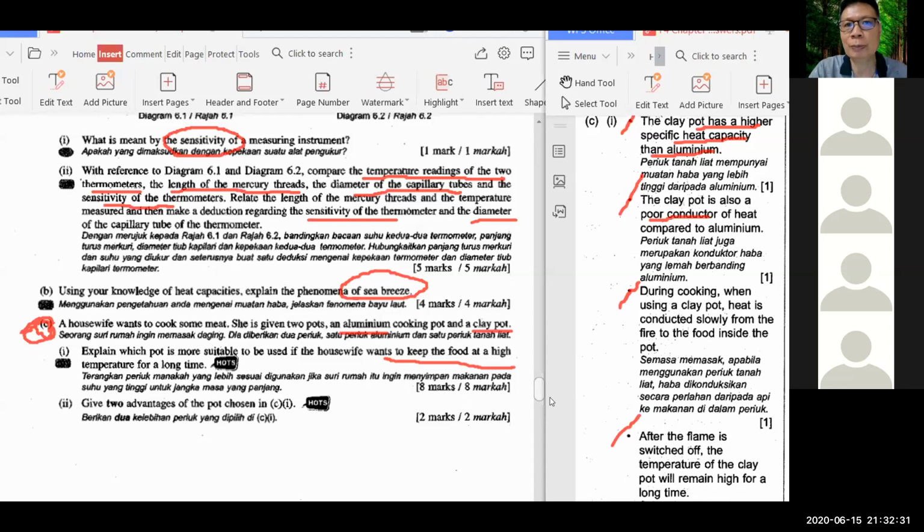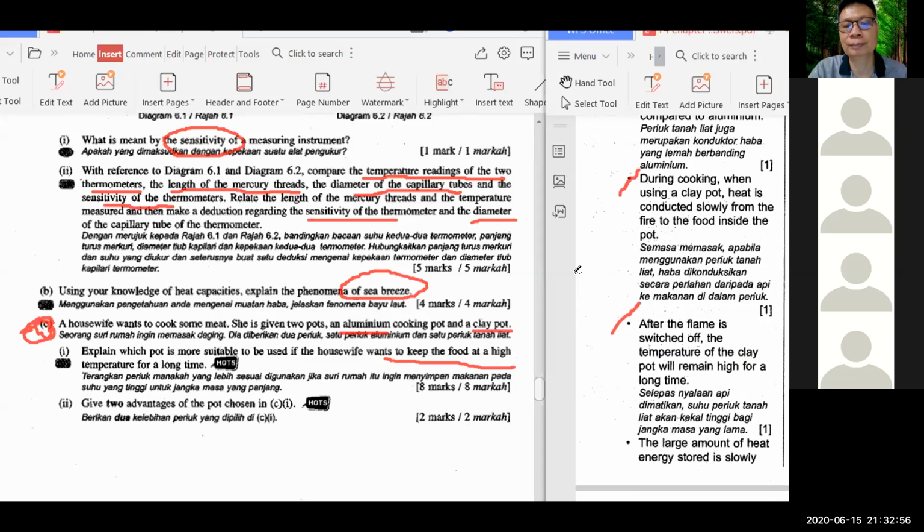Aluminum, no. Aluminum can cool down very fast because aluminum conducts heat very fast. Clay pot doesn't conduct the heat, so the heat will stay in the food for a longer time. Okay, all copy already, 4 points already here. All right, move on.